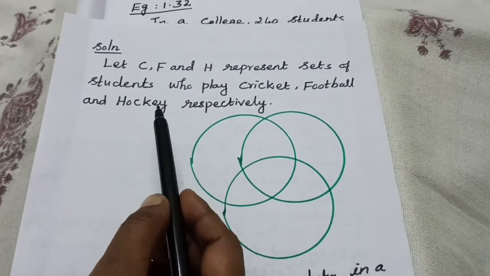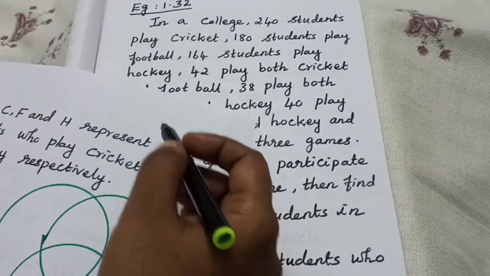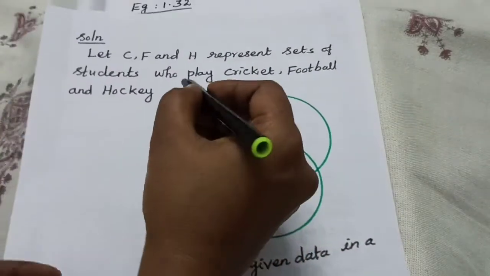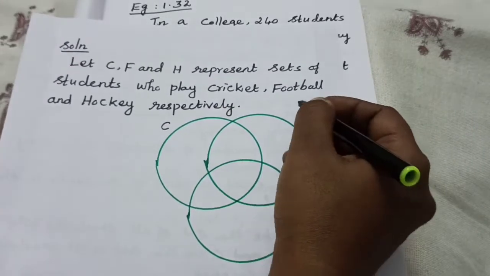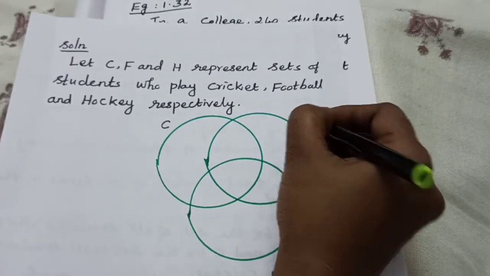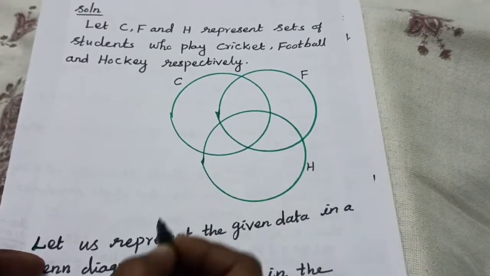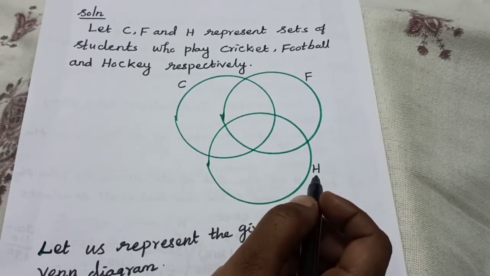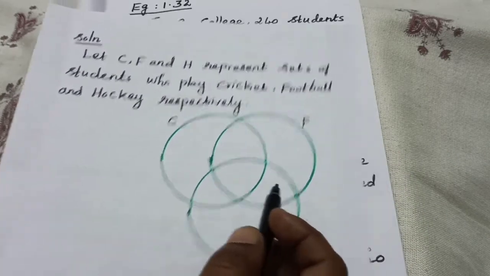The first set is cricket, so C. Then football, F. The third set is hockey, H. Cricket, football and hockey.